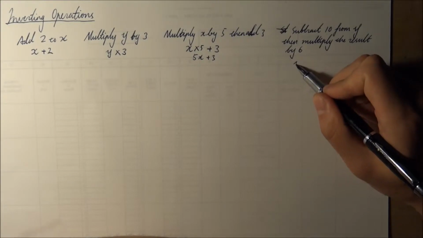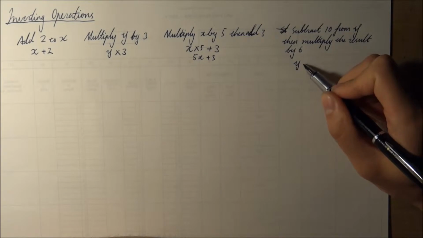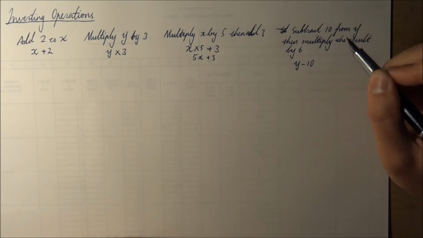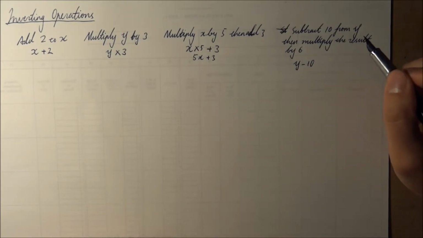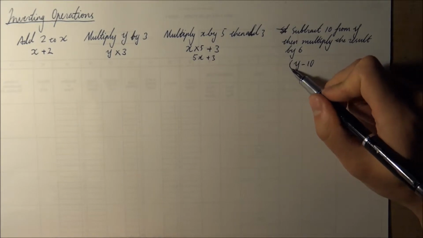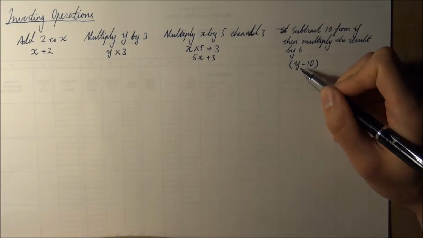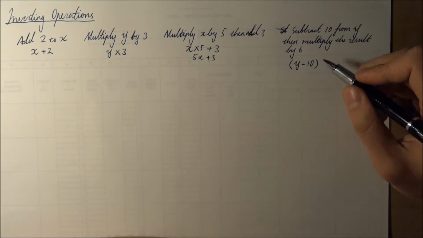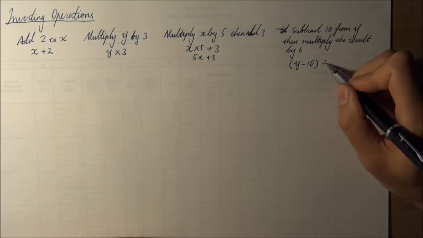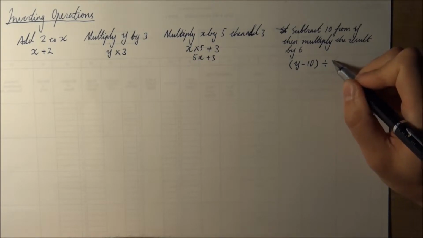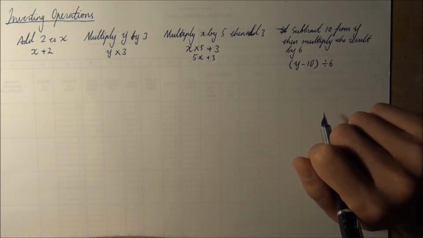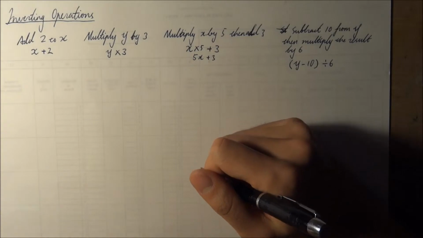So we have y, we subtract 10 from it, and then the result of it. So it has to go into a bracket because we have to have y minus 10 happen first, and then we multiply everything by 6. Okay.